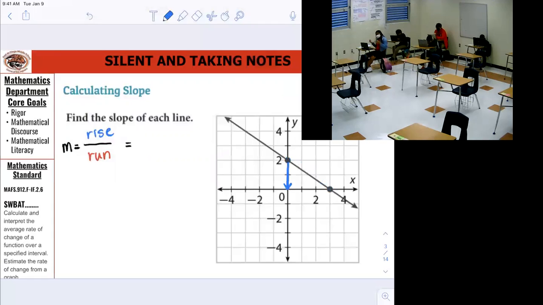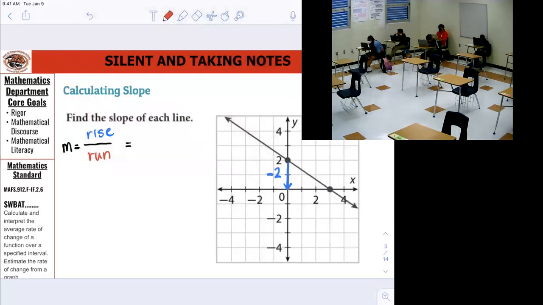And since I went down, my rise is going to be a negative number. If you go up, it's positive. If you're going down, it's going to be negative. So in this case, what would my rise be? -2. I went down 2 units, so my rise is -2.